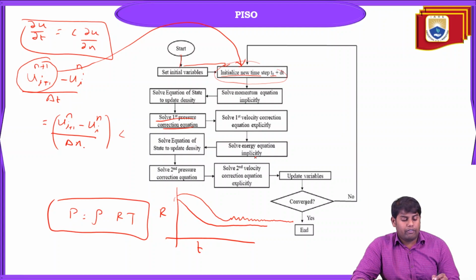So if it is not converged, whatever solution we have, we leave it there, and start the initialization and simulation with the new step. Here the n value changes. Initially n is equal to 1, so u2 minus u1. The next step will be u3 minus u2. We will be using u2, but this u3 is different. That is the basic difference we need to observe.